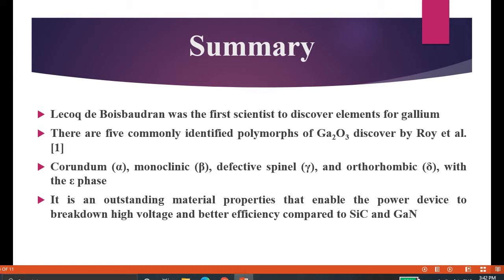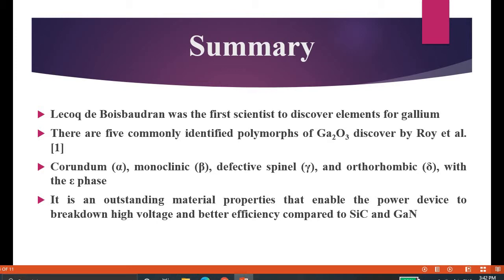All of these polymorphs of the gallium oxide structure are outstanding materials suitable for power devices. These power devices withstand high voltage breakdown and have better efficiency compared to silicon carbide and also gallium nitride.